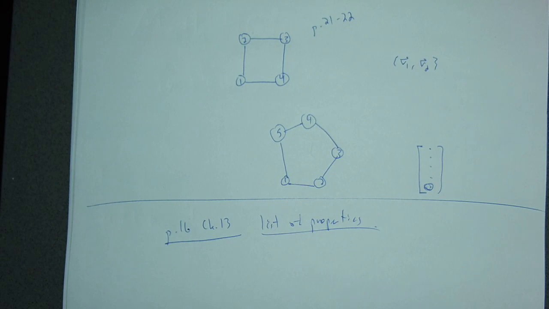Let's see here. Chapter 8, number 2. So the question is, does the PageRank matrix always have to be regular?